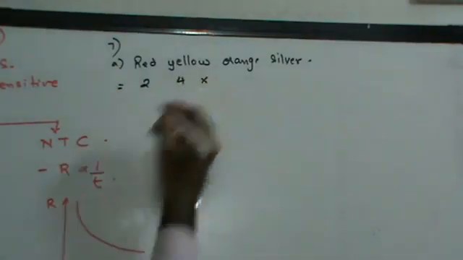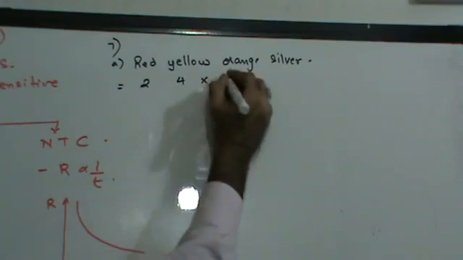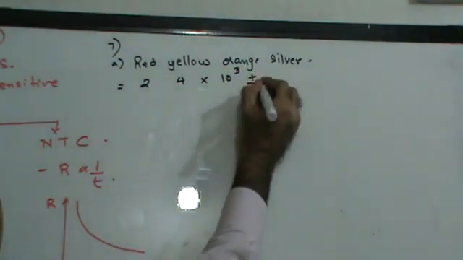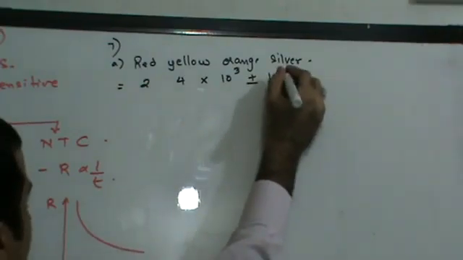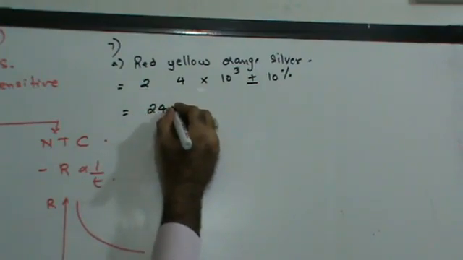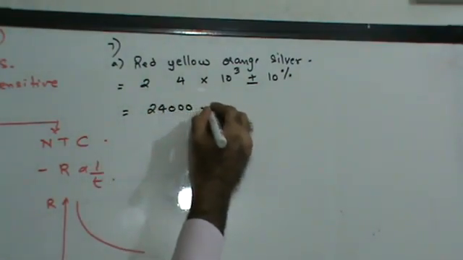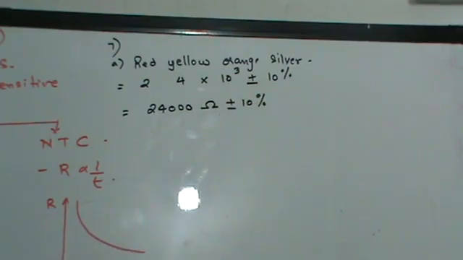The third band is the multiplier band, so you put a multiplication sign. Orange is 10 raised to 3. The fourth band is the tolerance band. Silver is plus minus 10%. Therefore, the value of the resistance is 24 into 10 raised to 3, 24,000 ohms plus minus 10%. That's how you find the value of the resistance.